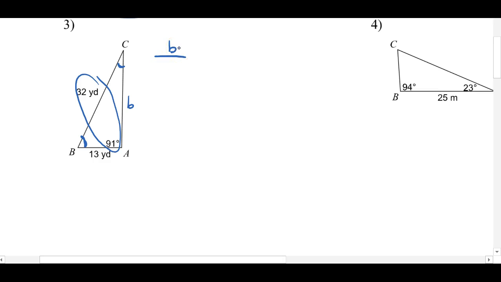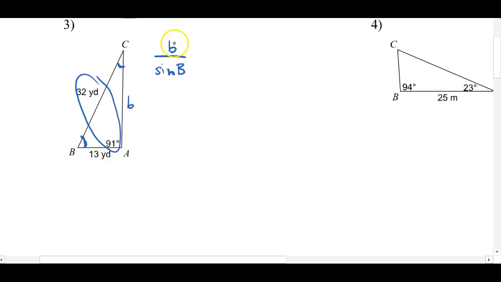Now if you notice, I've got a problem, because usually I put this over the sine of whatever angle B is, but I don't know the angle. So that's a problem, isn't it? I only know one pair, so that means I can't choose that side to find.